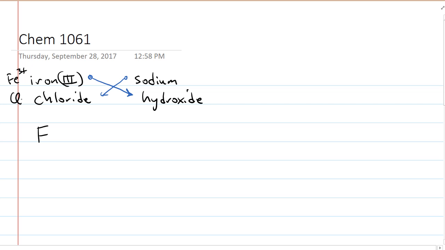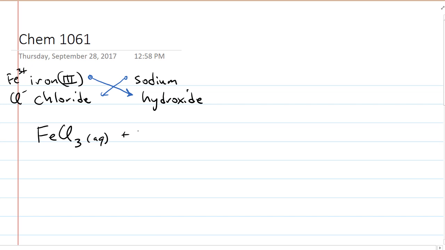Chloride is Cl 1 minus. So the formula for iron 3 chloride would be FeCl3. Phase was aqueous. Remember, if it's an ionic compound that looks like a liquid, that means its phase is aqueous. Always.